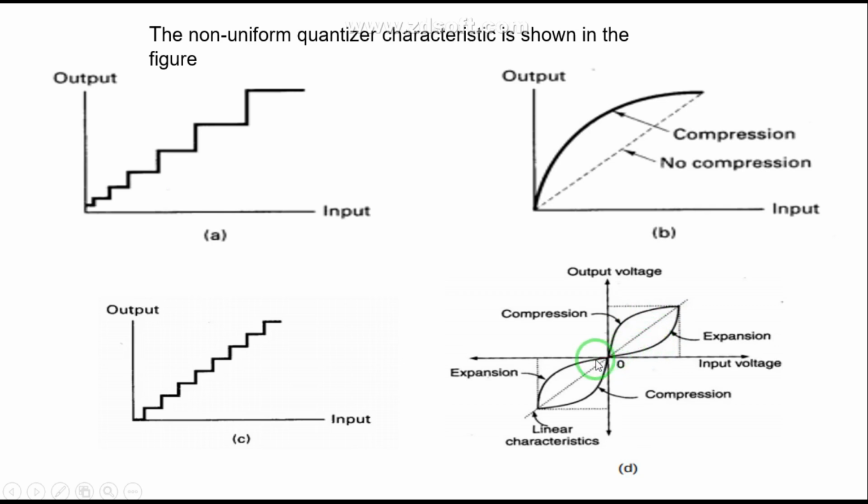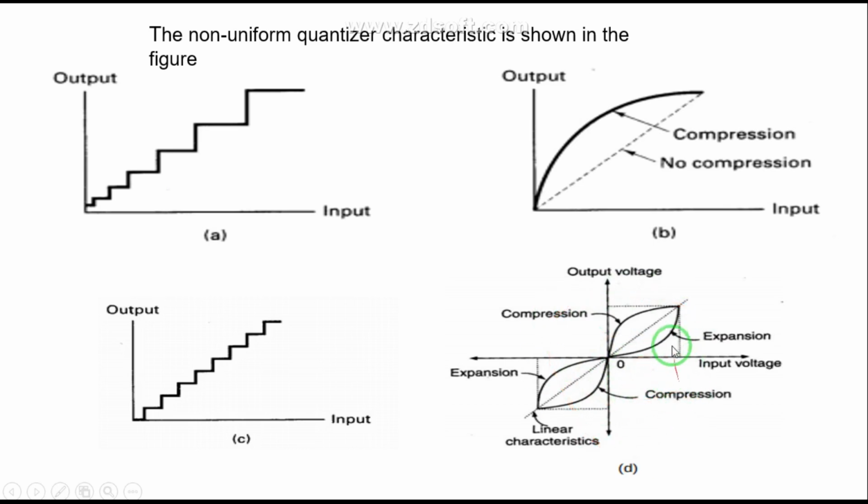So this is the characteristic of your expander. You can see from this graph that the characteristics of compression and expansion are exactly inverse. And this is a combination diagram. So in examination, you can draw this graph.